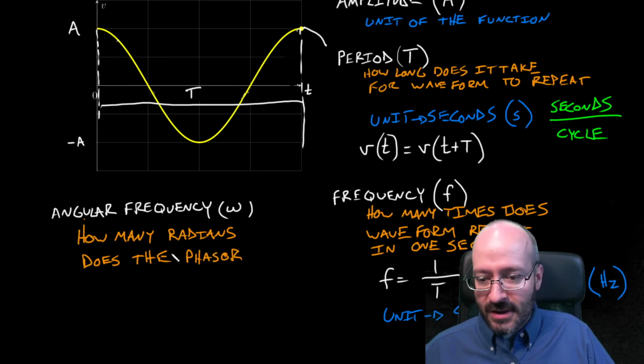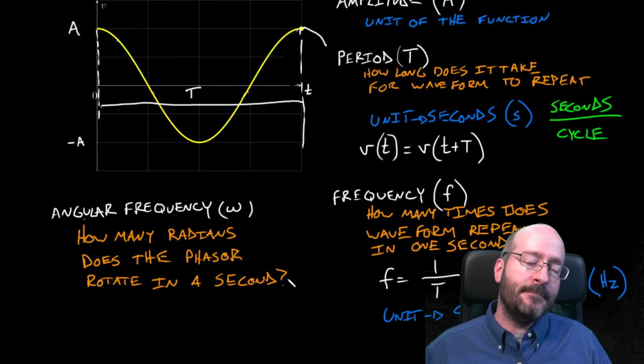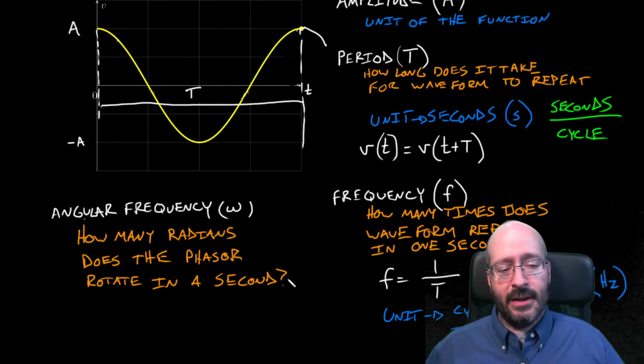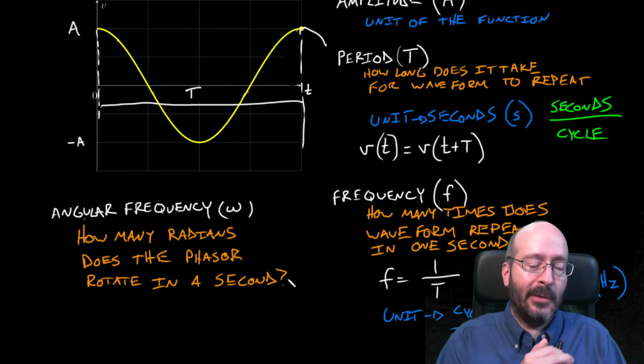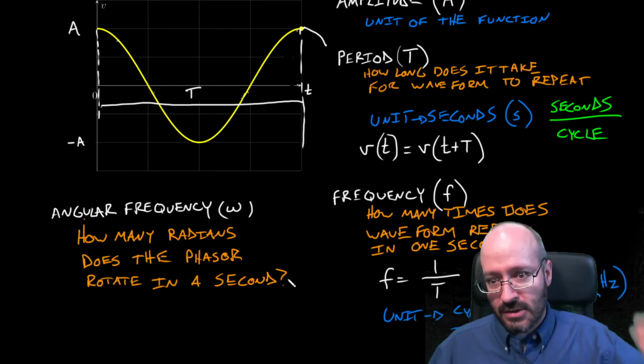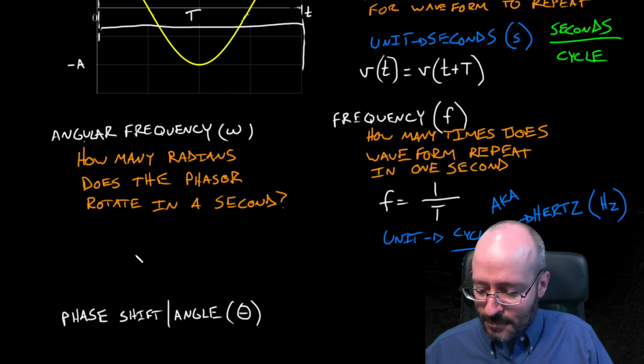Phasor, how many radians does the phasor rotate in a second? Okay, so the phasor's rotating, and when it rotates one cycle, how many radians has it rotated? So in one full revolution, how many radians are there? And we can get to that pretty easily.